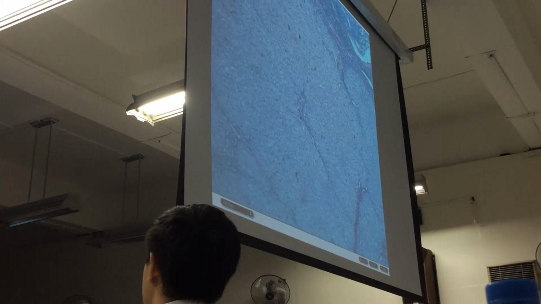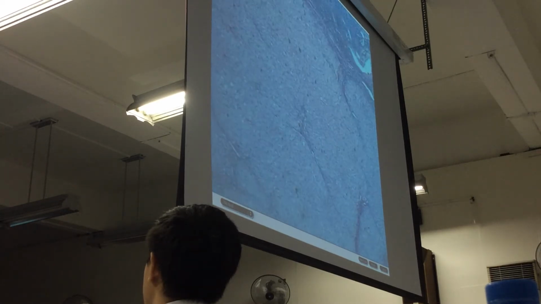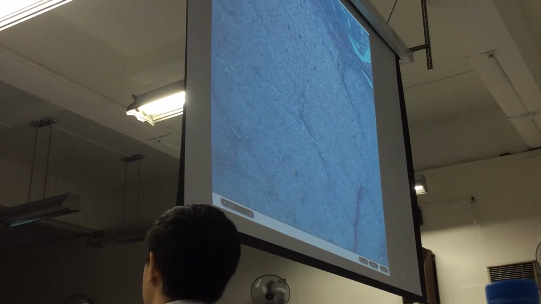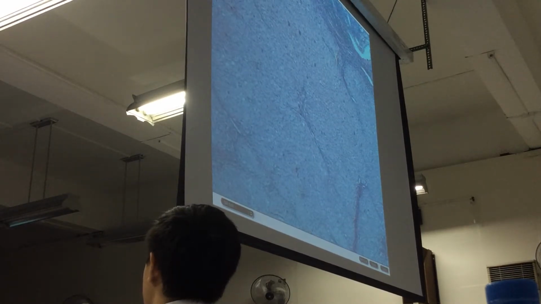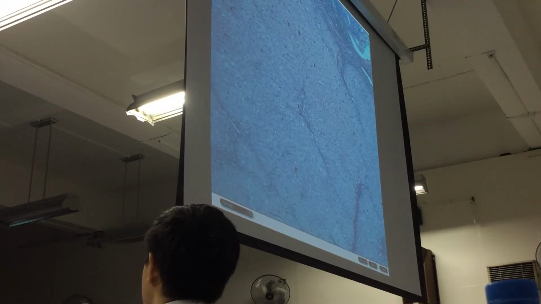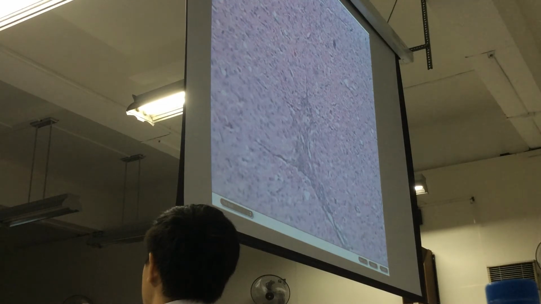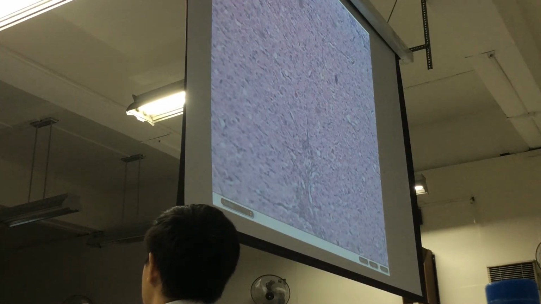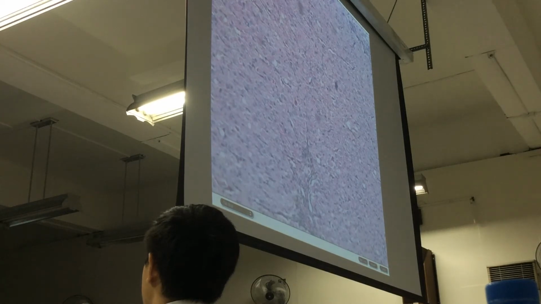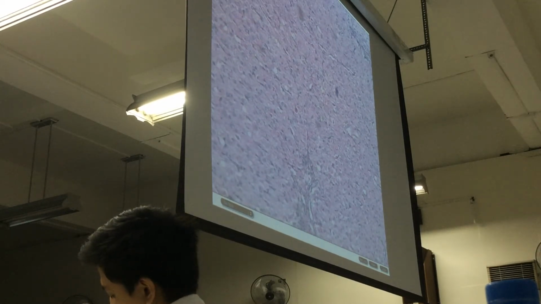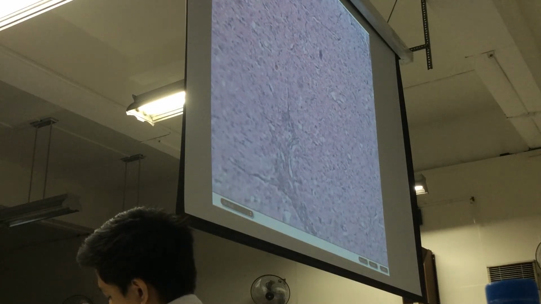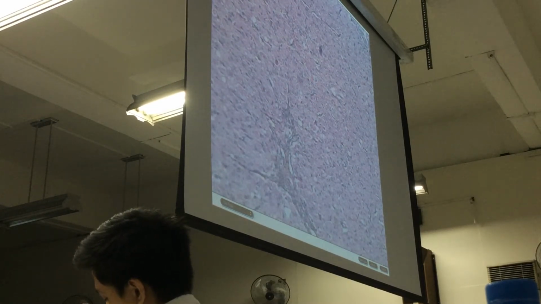It's a cluster or nests of granulosa cells. As a result of luteinization, the granulosa cells will have plump pink cytoplasm and a round nucleus, which you don't usually see.